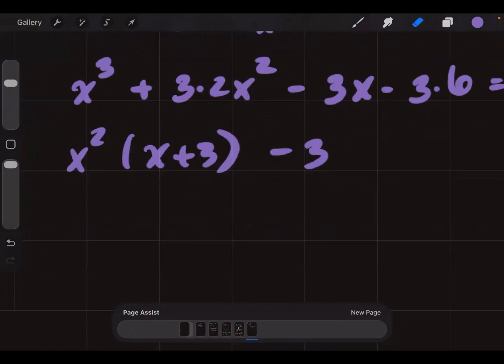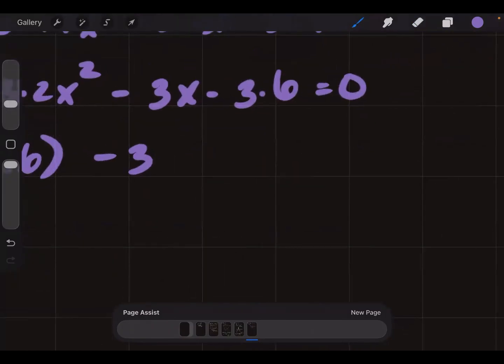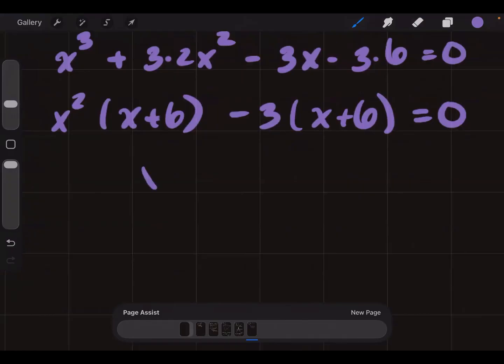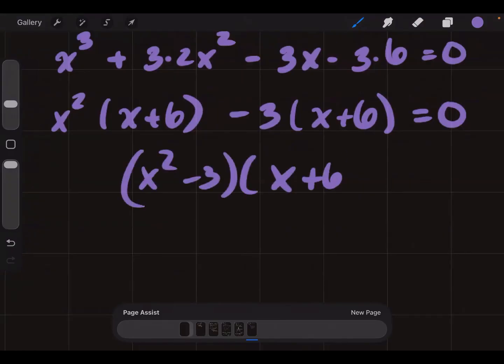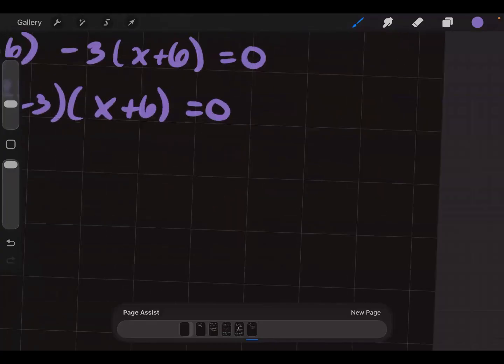Oops, not x plus 3, I'm so sorry. This gives me x squared minus 3, x plus 6 equals 0.